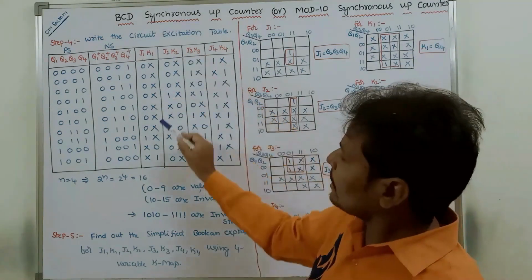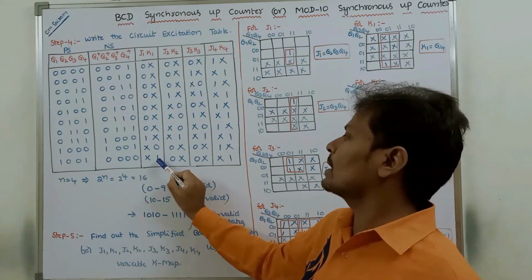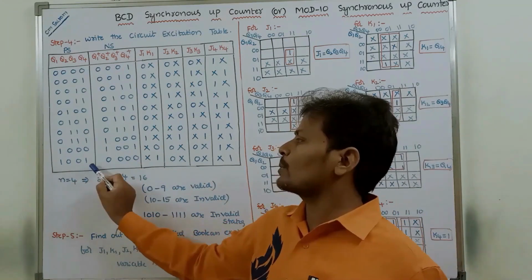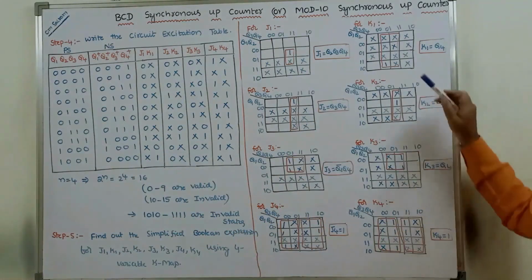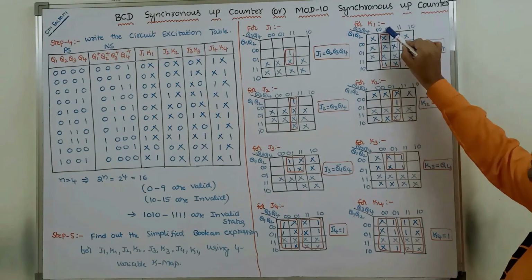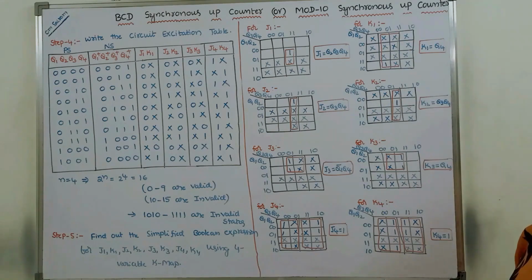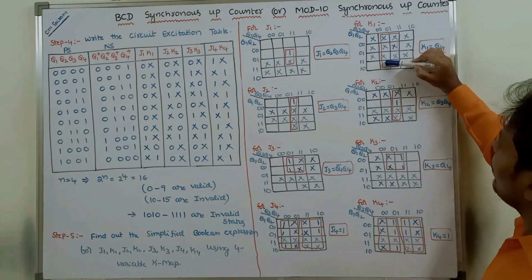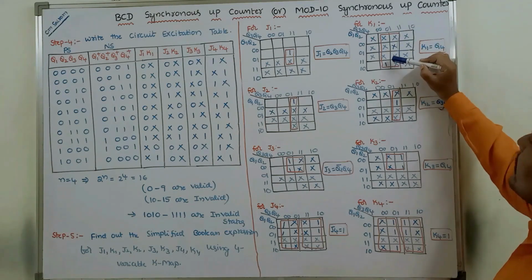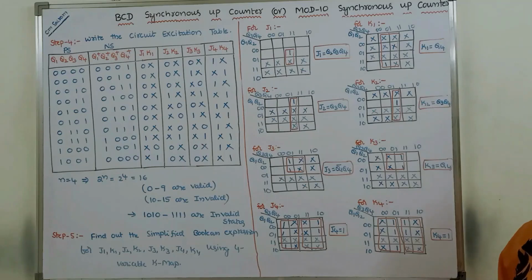Next, here only a single one is there. The corresponding input combination is 1, 0, 0, 1. We are placing 1. So this one and these 7 don't cares can be formed as an oct.